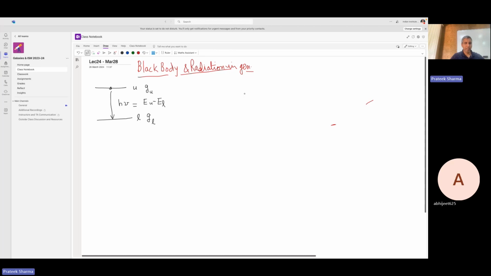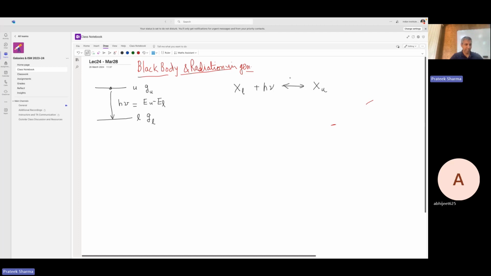If you think of this in terms of forward and backward reactions, you can think of it as XL plus h nu gives you XU. So you have an atom in state L, and a photon comes, the atom absorbs this photon, and it excites the electron to a higher level.